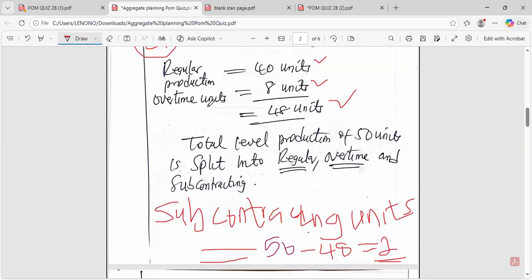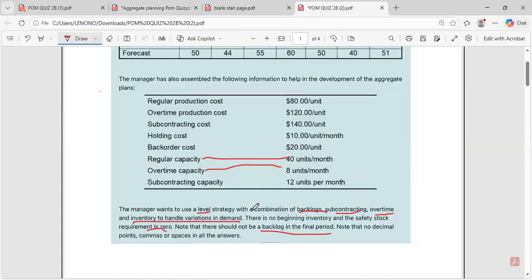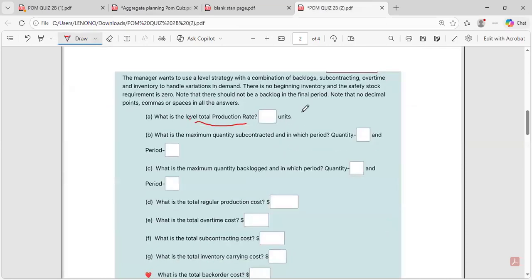So the total level production, looking at the regular production and overtime, is 48 units. That answers the first part of the question.